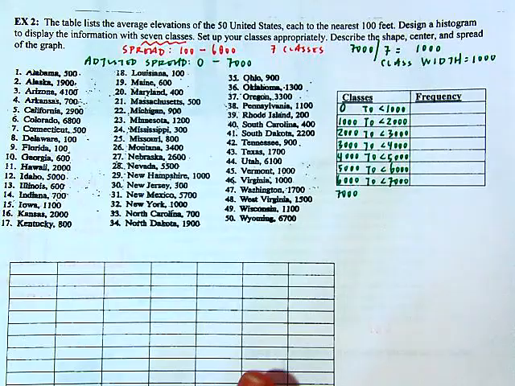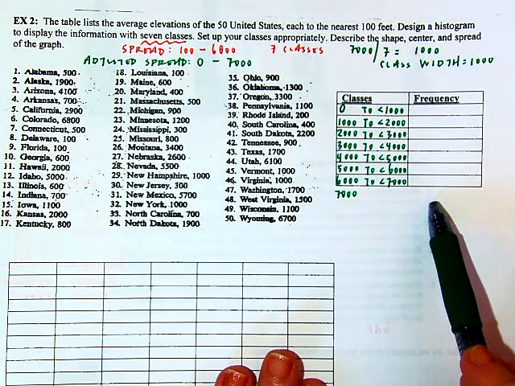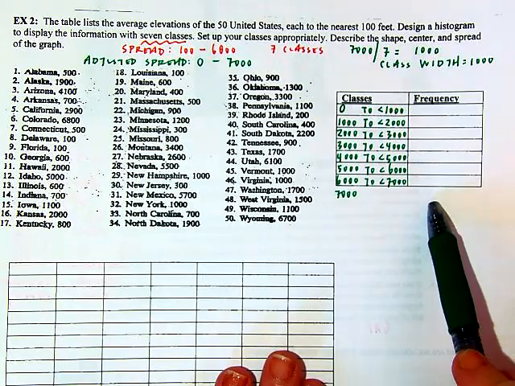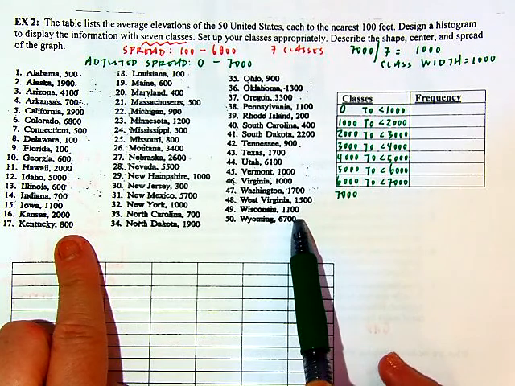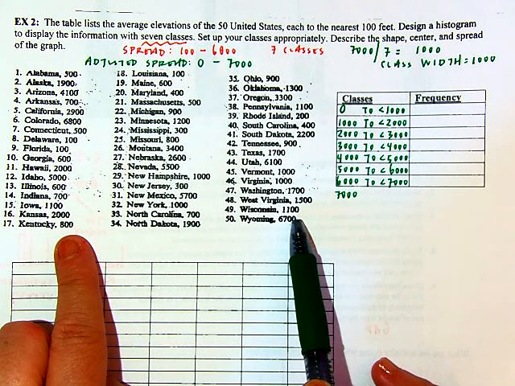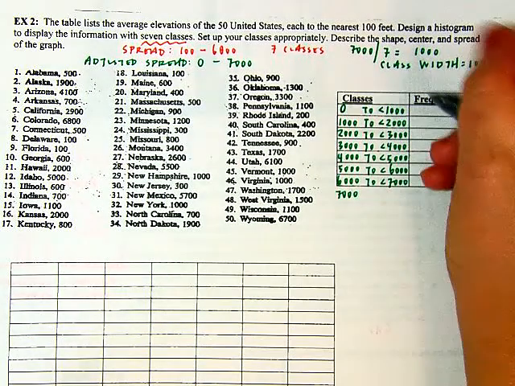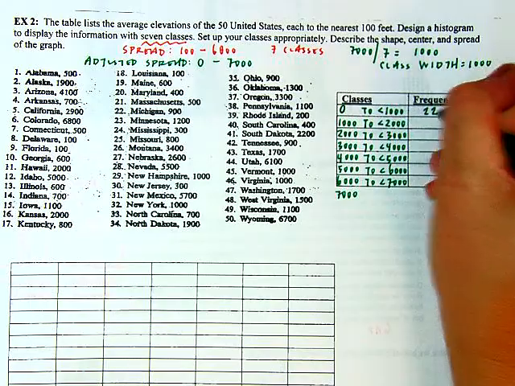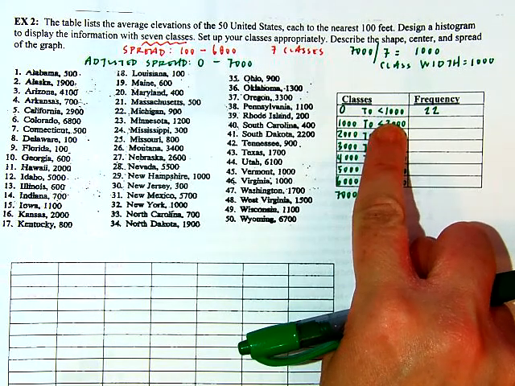Now I need to tally up the frequencies. And again, this is where it would be super helpful if you took the time to type all of your data into list 1 and sort it in ascending order. I'm just going to skip ahead and tell you what the frequencies are. I should have 22 states in that first class, 0 to just under 1,000.